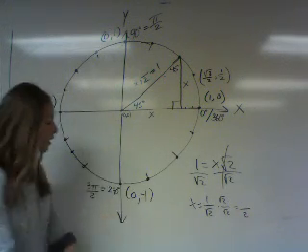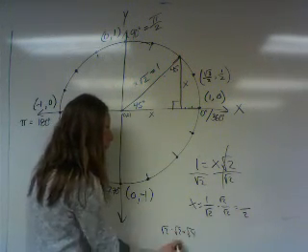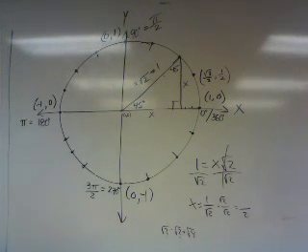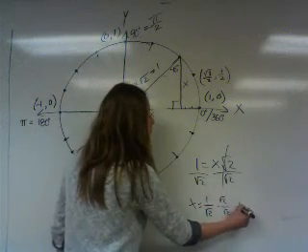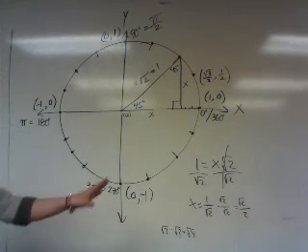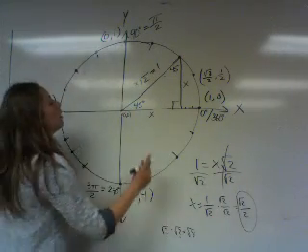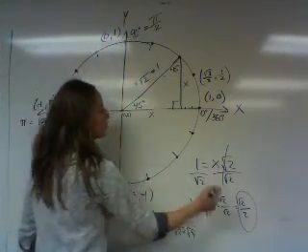Right? Here's why. The square root of 2 times the square root of 2 equals the square root of 4, because 2 times 2 is 4. With the square root of 4, you just go ahead and take it, and you get 2. 1 times the square root of 2 is the square root of 2. So we just simplify that, and we get the square root of 2 over 2. So x equals the square root of 2 over 2.